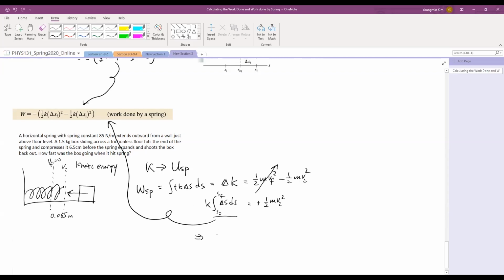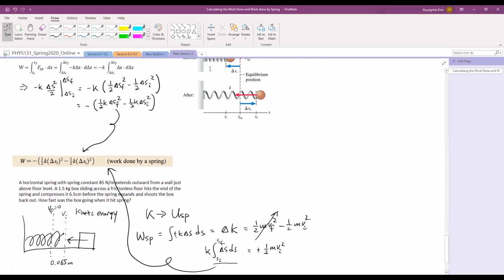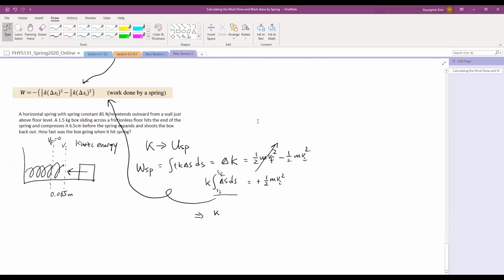So I don't have to do that part again. Here, in this case, the spring is shrunk inwards. So according to this picture, I'm dealing with just the initial delta Si. So on this side I will have 1/2 k delta Si square.